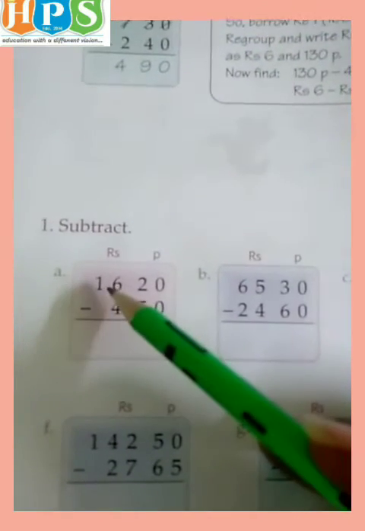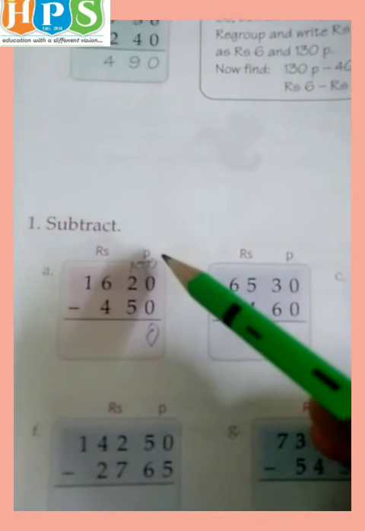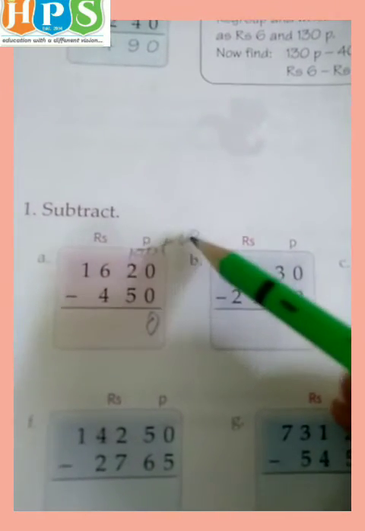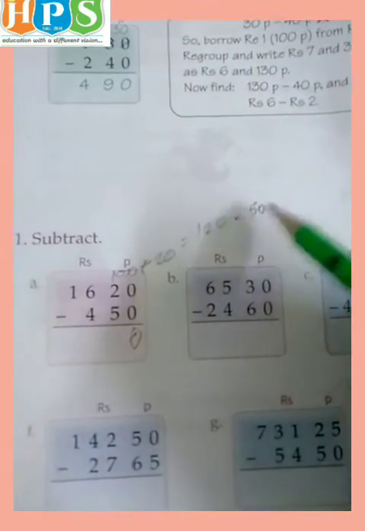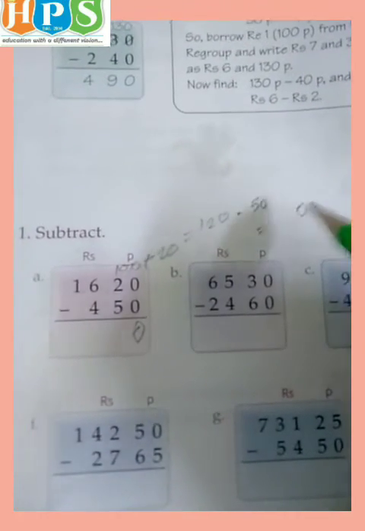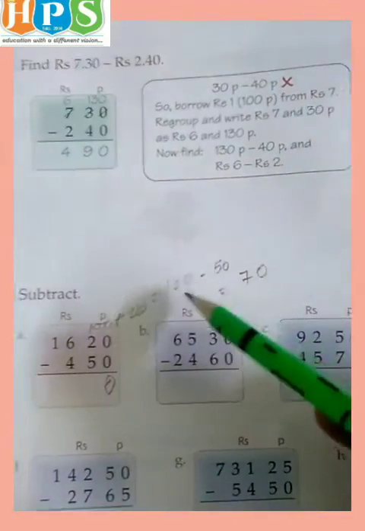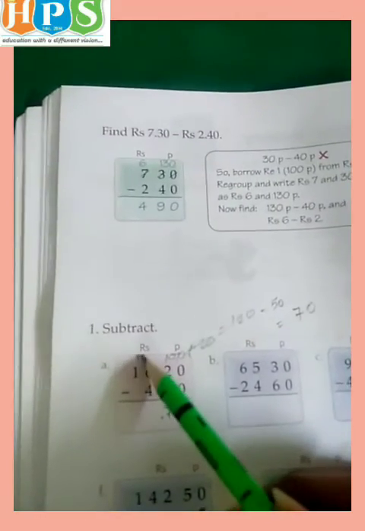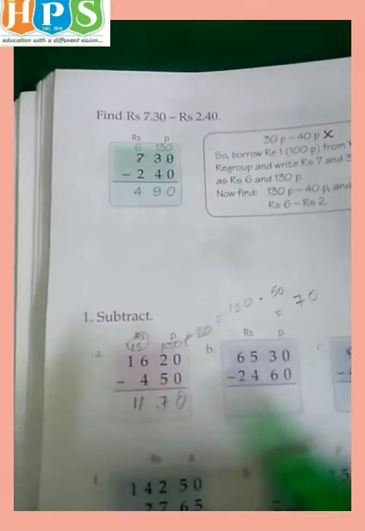So borrow 1 rupees. 100 paise. 100 plus 20, 120. 120 minus 50. 120 minus 50 70. 70 rupees and 15 rupees. 15 minus 4 11.